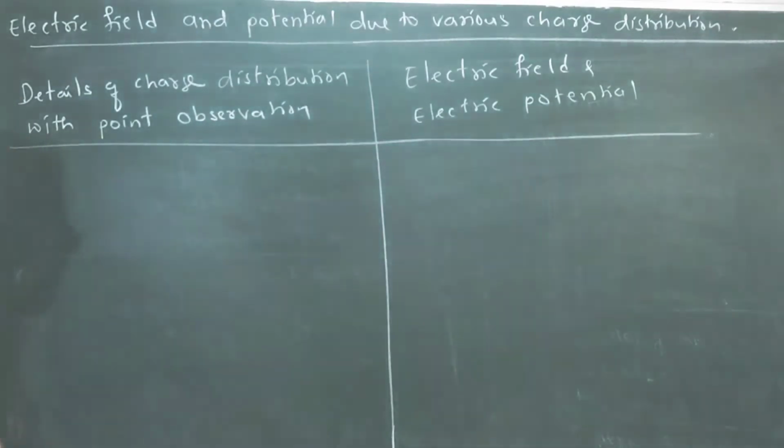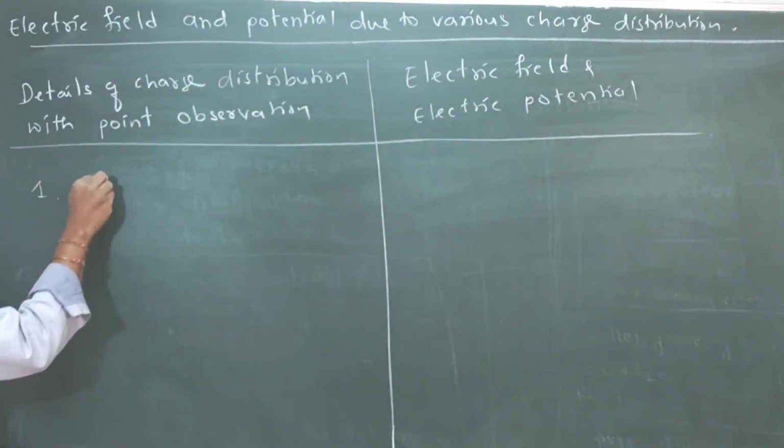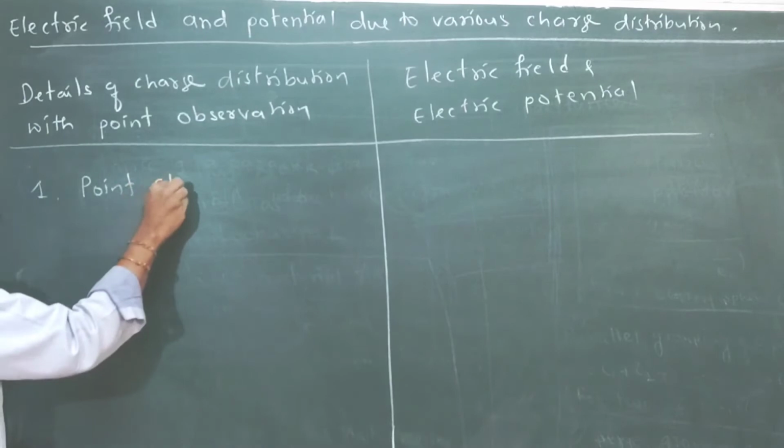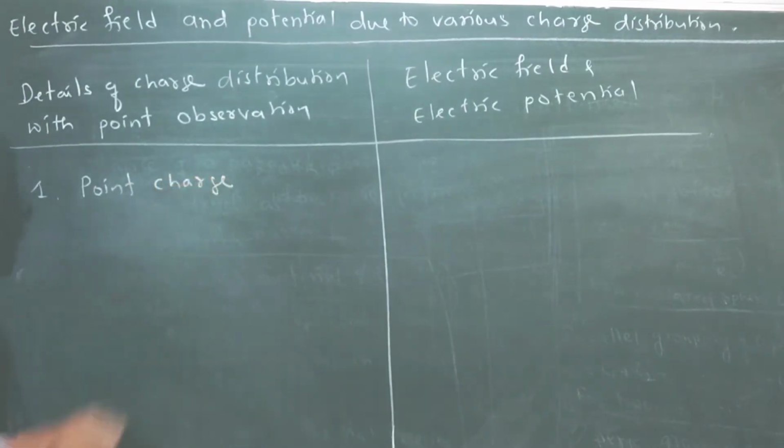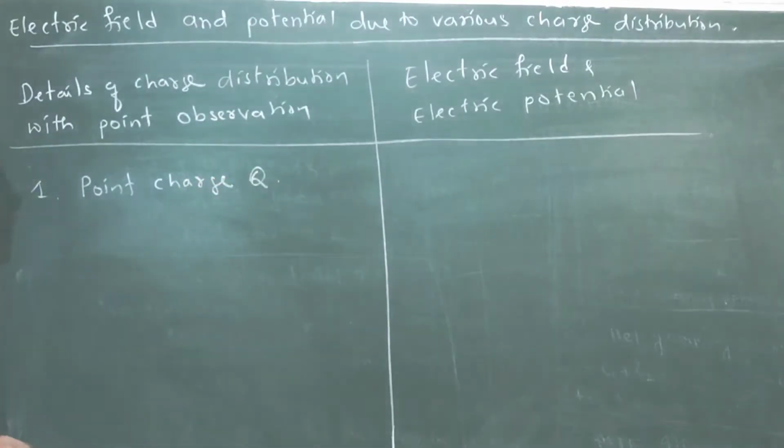Suppose, first, we are going to take a point charge. Point charge is Q. So we are going to plot a graph like this way.